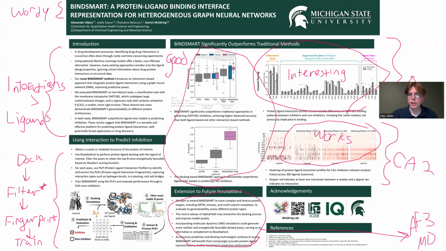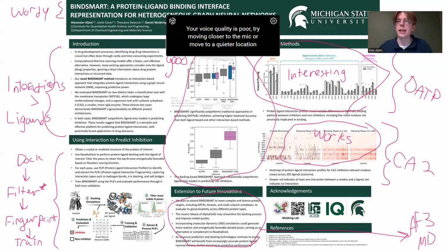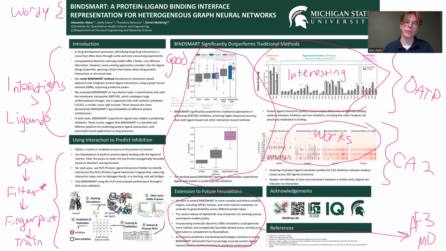So I made myself a little cheat sheet about what it's about. The introduction is basically that interaction things are better than ligand things for these, hopefully, drug-drug interaction models. Methods is just docking and filtering them, which is technically only a Rosetta thing. It's not going to be like that if we do molecular dynamics and stuff.